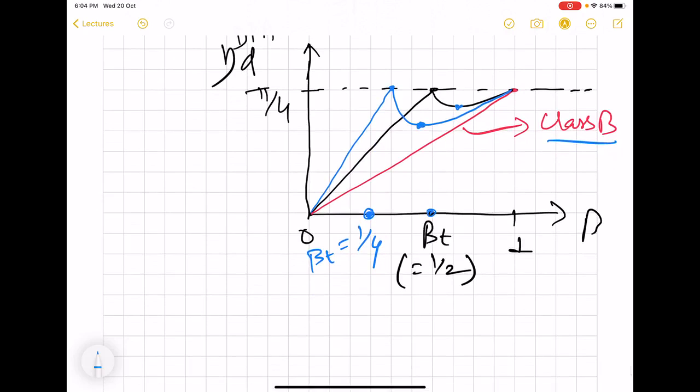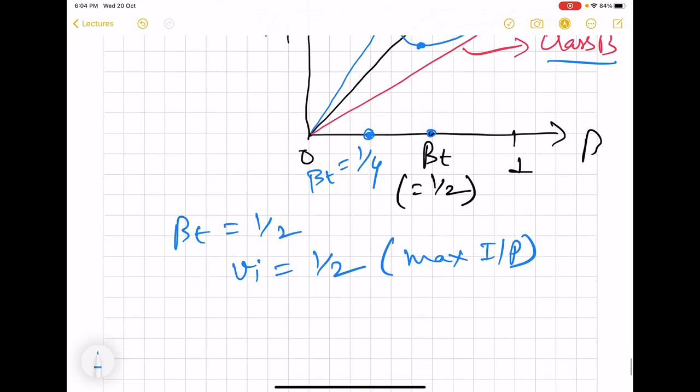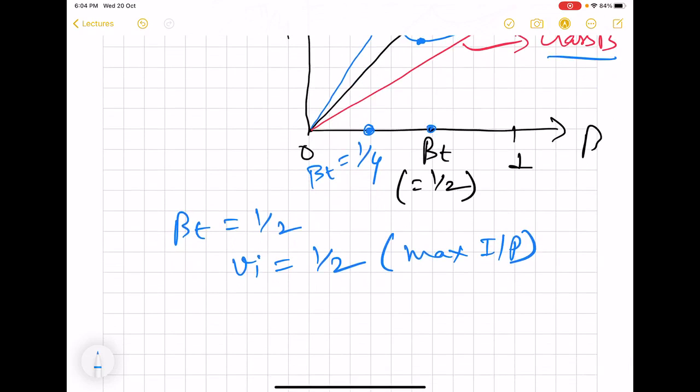So here, when we take beta t is equal to 1 by 2, we are basically saying that the input is half of the maximum. If we calculate it in terms of dB, this half corresponds to 20 log 1 by 2, which will be minus 6 dB.